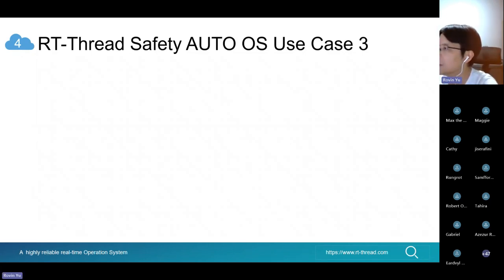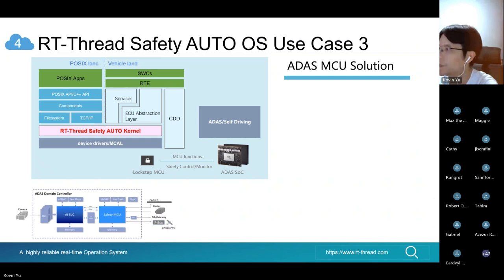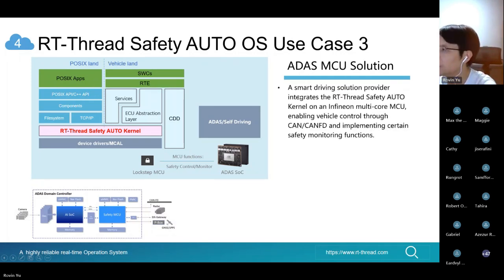I'll show another use case. This is the ADAS MCU solution. ADAS means Advanced Driver Assistance System. The smart driving solution provides integrated Artist-Thread safety auto kernel and infinite multi-core MCUs, enabling vehicle control through CAN and CAN-FD and implementing certain safety monitoring functions.